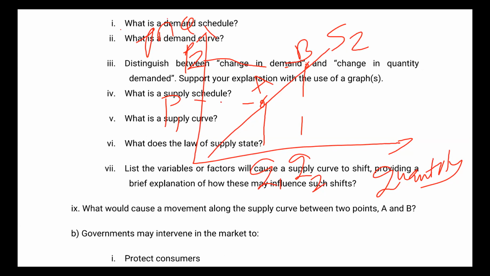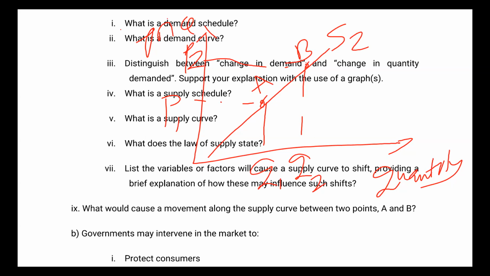So just to be clear, the only thing that causes a shift is other factors apart from price. When other factors change, holding price constant, you find a shift either in the demand curve or supply curve, depending on what you're looking at.